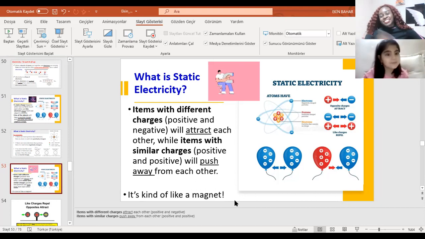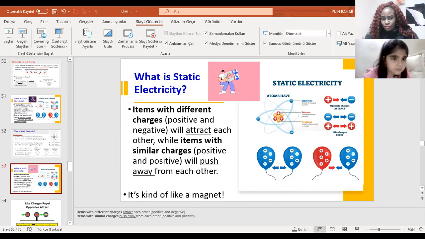Besides static electricity, besides magnets. I think this is different from humans. So magnets, north and north push, and south and north pull. So it's kind of like magnets.